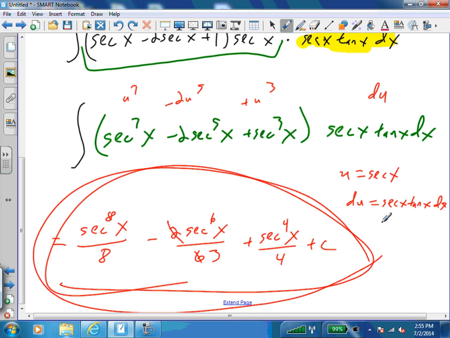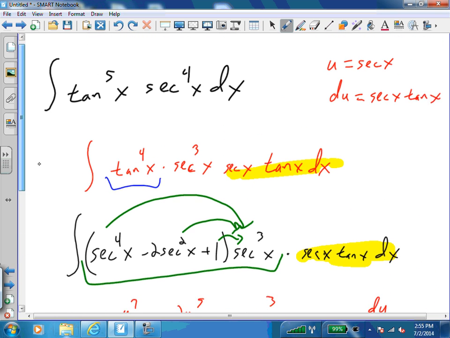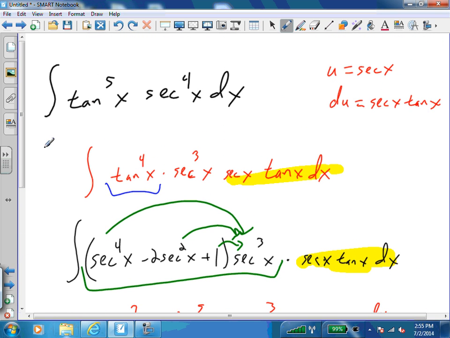Why, in the second one, when you take out the tangent, don't you just use the tangent as du? Because we need something for du so that the rest of it would be u.